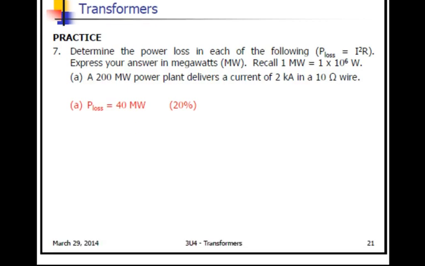So let's look at power loss. Here's a question. It says determine the power loss in each of the following. So if we had 200 megawatts of power coming from a power plant and the energy was delivered with 2 kiloamps in a 10 ohm wire, what would be the power loss in that case?